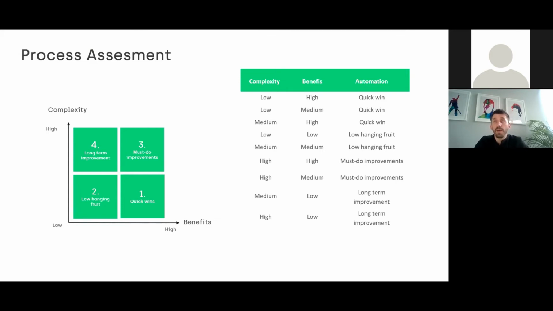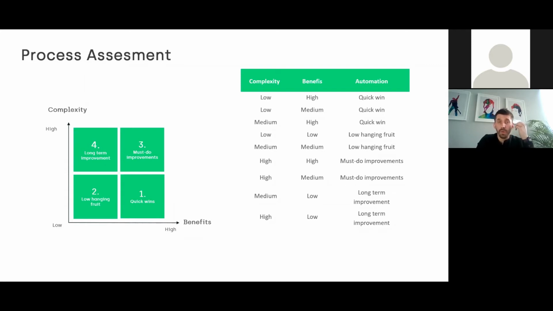When we have the long list of the potential candidates for the automation, firstly, we should pick those processes which can give us the high benefits and the complexity of the process is pretty low.